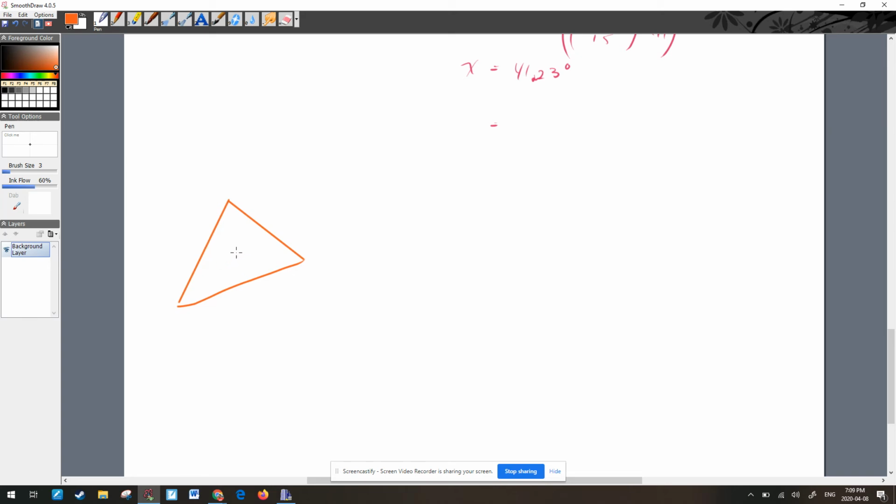So if we said this side is 18 meters and this side looks to be 16 meters, and we know that this angle here is, how about if we made this 60 degrees? Here's what I want.